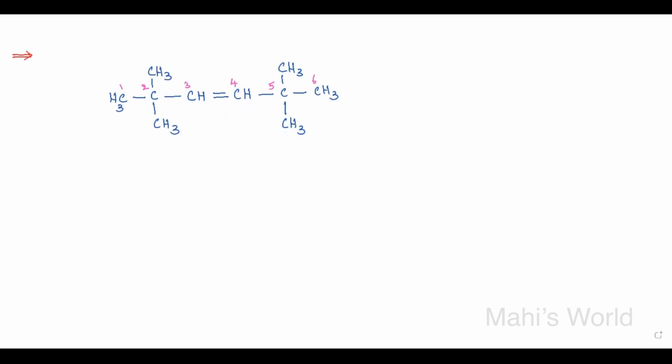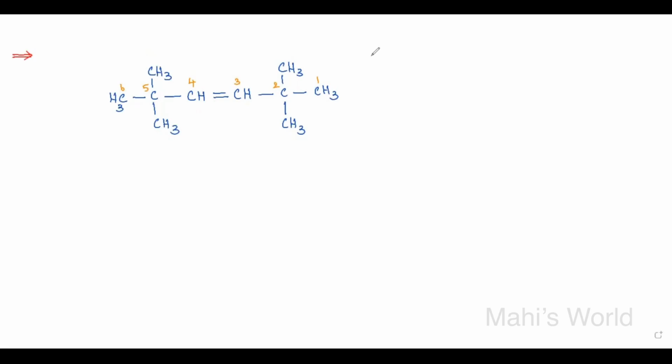Let us check the same thing from the other end. 1, 2, 3, 4, 5, 6. Same 6 carbons. Double bond after 3rd carbon. Same. 2 methyl groups at the 2nd carbon, 2 methyl groups at the 5th carbon. Everything is same. So we can go with any of these. Let us just go with this. No problem. Even the previous one was okay.